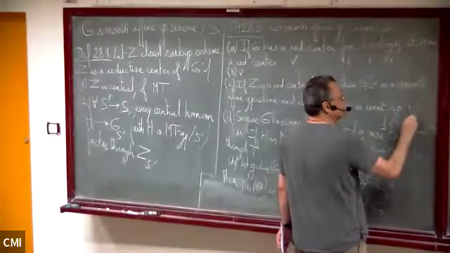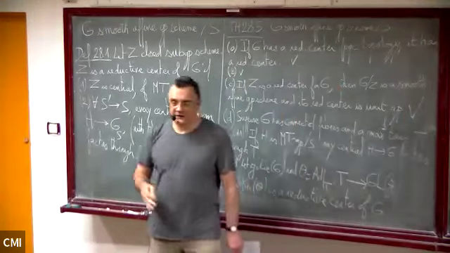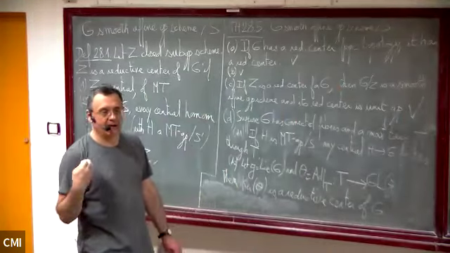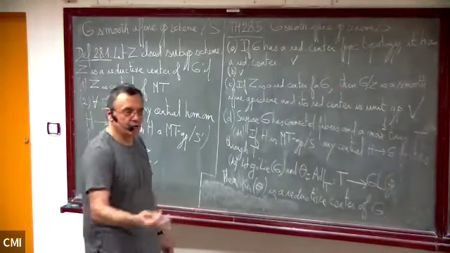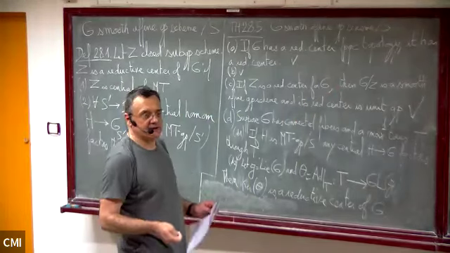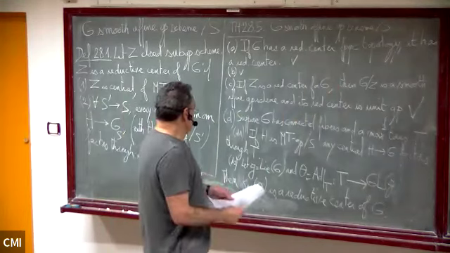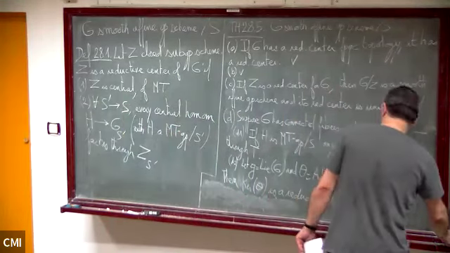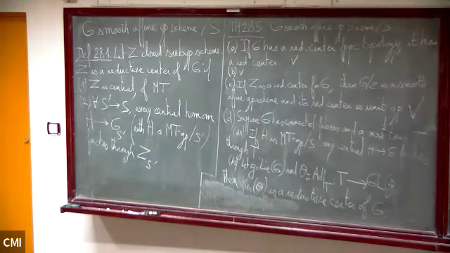Okay, so if there is a reductive center, then we can mod it out, and then the quotient group has a trivial reductive center. Okay, and let us prove D now.